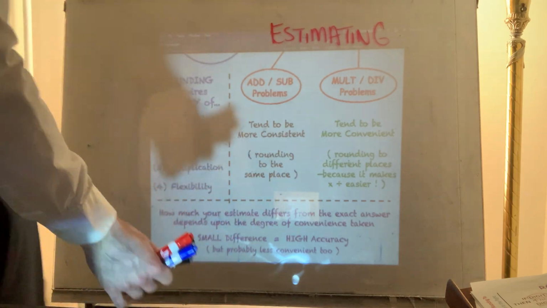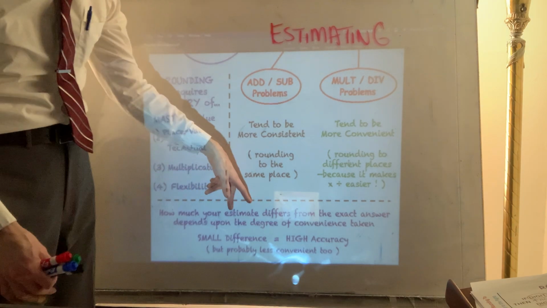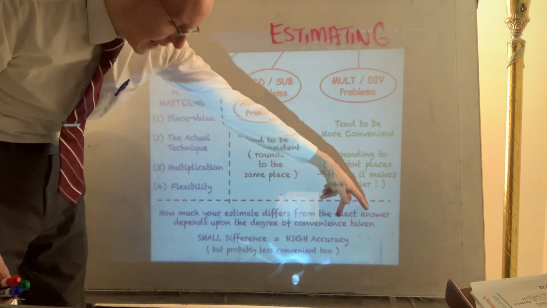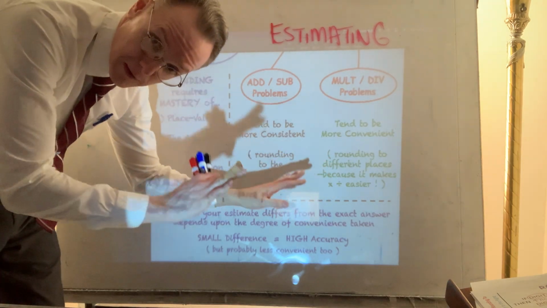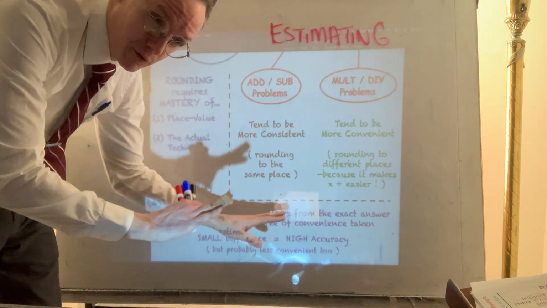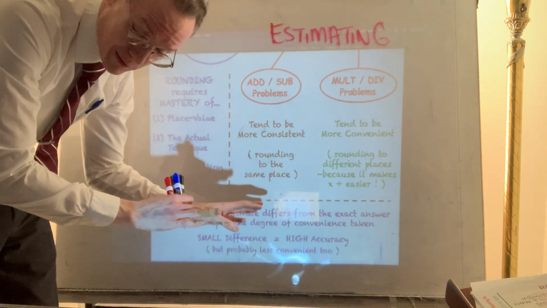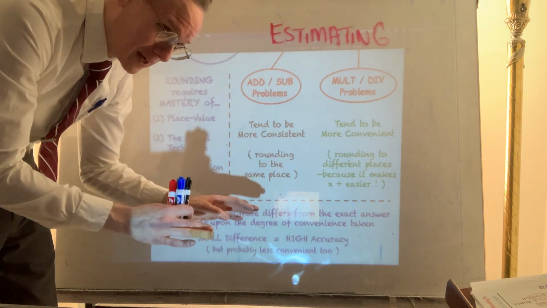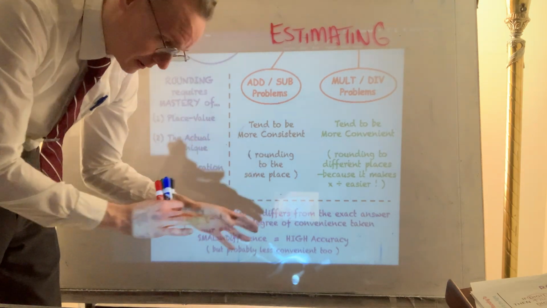How much your estimate differs from the exact answer depends upon the degree of convenience that you've taken. If you rounded things to really easy, nice round numbers, you might have an answer, but it's drastically different from the exact answer.